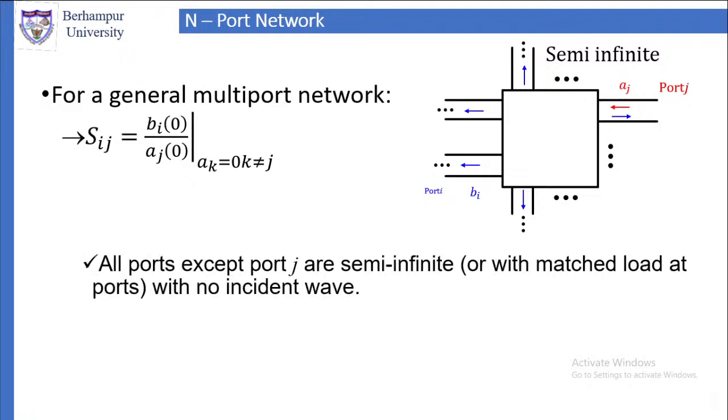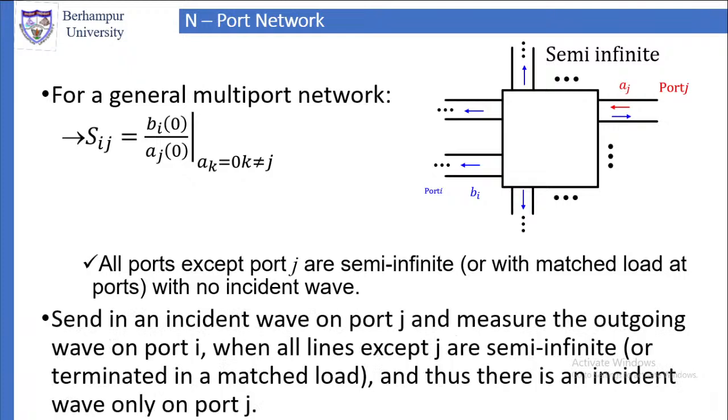If i is equal to 1 and j is equal to 1, then A2 is equal to 0, A3 is equal to 0, A4 is equal to 0, etc. All ports except port j are semi-infinite in this case, or they are matched.